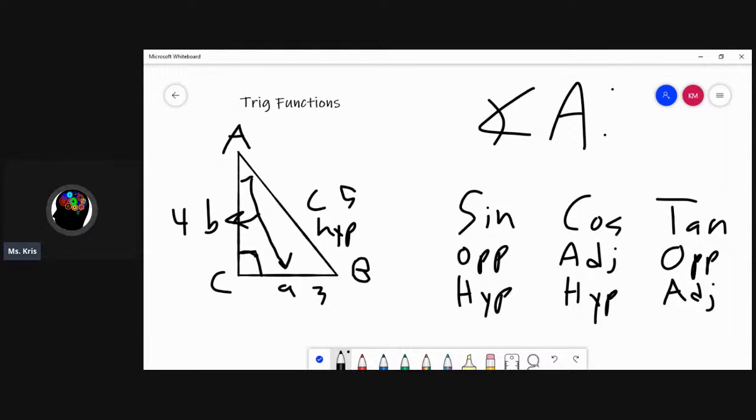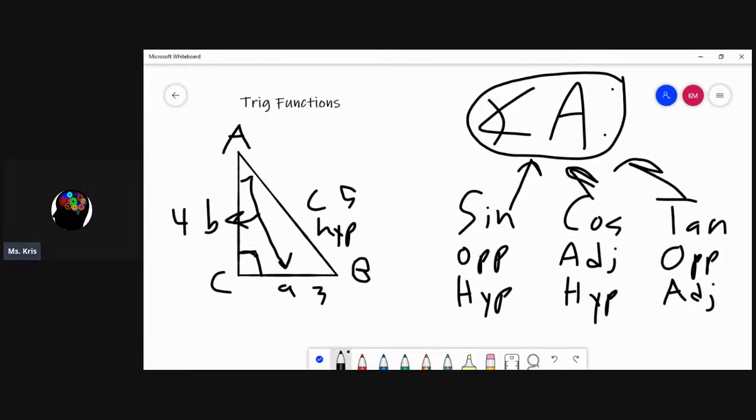And this is a phrase and term that allows you to make the connection in order to find each of the first three trig functions as it relates to the angle you are using. SOH CAH TOA will help you remember that sine is opposite over hypotenuse, cosine is adjacent over hypotenuse, and tangent is opposite over adjacent.